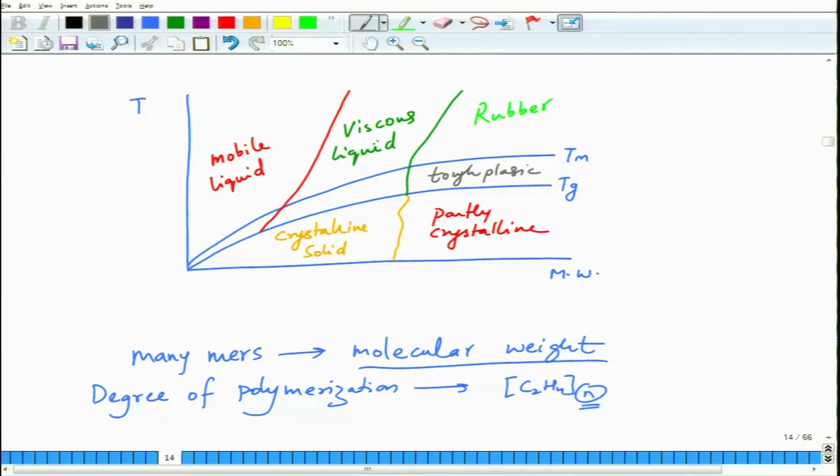So, at lower molecular weights, the polymer is a crystalline solid, or has certain crystallinity, and it tends to convert into a liquid which could be mobile, with low viscosity, or with high viscosity depending upon the molecular weight. At very high molecular weights, the polymer is partly crystalline, and it tends to have a wider region between the glass transition and melting point. Between these two, it tends to act like a tough plastic, and it becomes more rubbery at higher temperatures. So, these are viscosity related behaviors of polymers as a function of temperature and molecular weight.